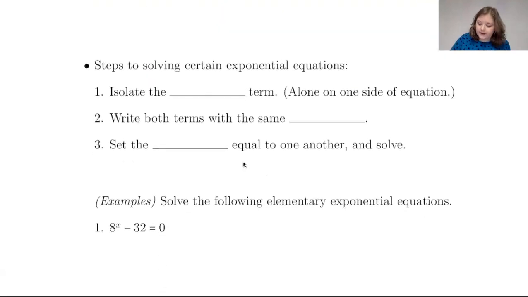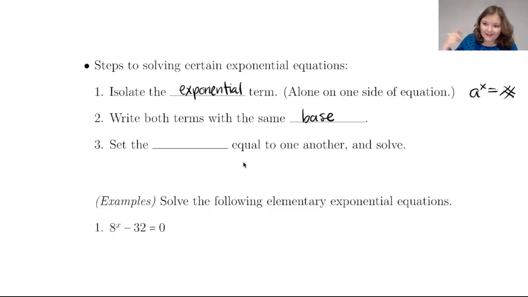So the steps that we're using: the first thing we want to do is isolate the exponential term. That means we're going to get it alone on one side of the equation and everything else to the other. So it should be like a to the x equals a number, or just equals something. After we do that, we'll write both terms to the same base. So they should both be like a to the power of something.